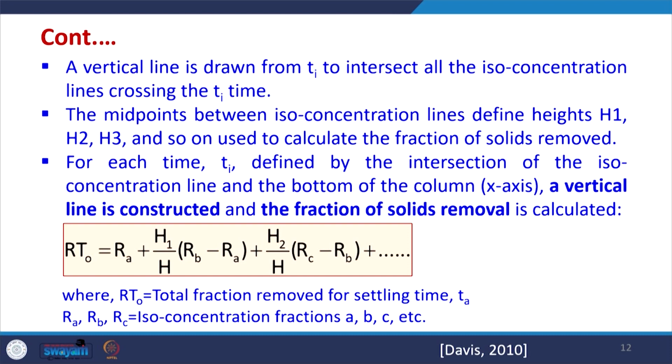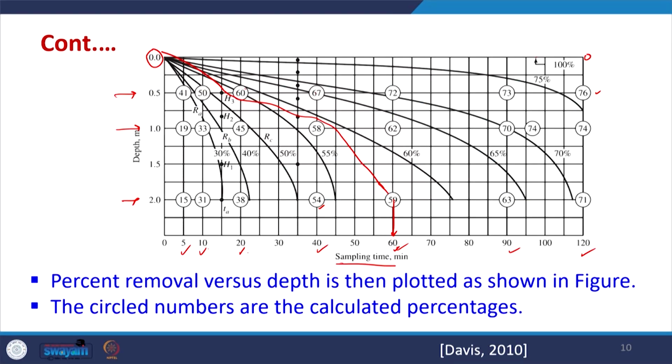A vertical line is drawn from T1 to intersect all iso concentration lines crossing the time T1. Here two examples are given: this is one line, and this is another line. We have this T1 and H1, both are noted.